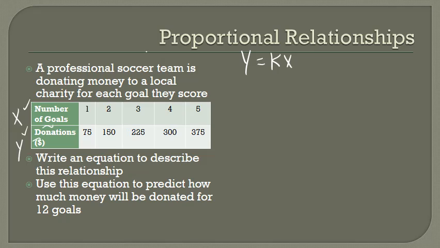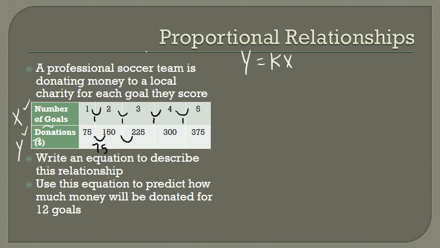Well, what I want to do first is look at whether there is a common difference between my x values and my y values, and what's the relationship between those. Here I see that the common difference between 1 and 2 is in fact 1, and 2 and 3 is 1, and 3 and 4 is 1, and 4 and 5 is 1. So I can pretty well satisfy that I've got a common difference of 1 on my x values. And what about my y values? Well, the difference between 150 and 75 is 75.